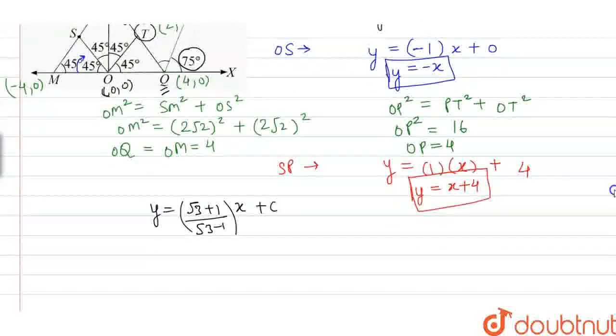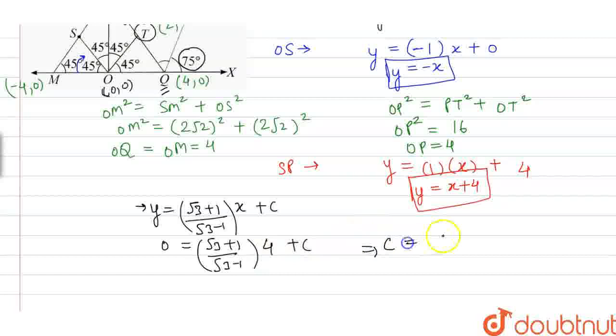Now we know that (4, 0) is a point which is lying on our line, so we can use these coordinates to satisfy this equation, right? So this would be 0 equals (root 3 plus 1) divided by (root 3 minus 1) into 4 plus c, which equals 0, right? So we can say that c would be equal to minus (root 3 plus 1) upon (root 3 minus 1) into 4.